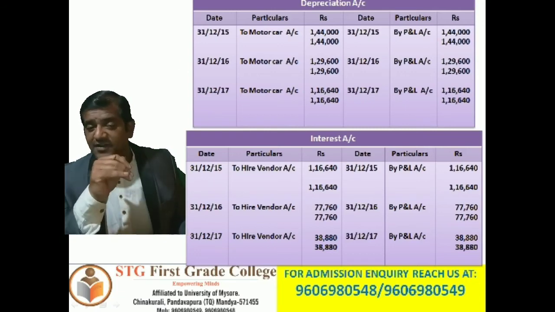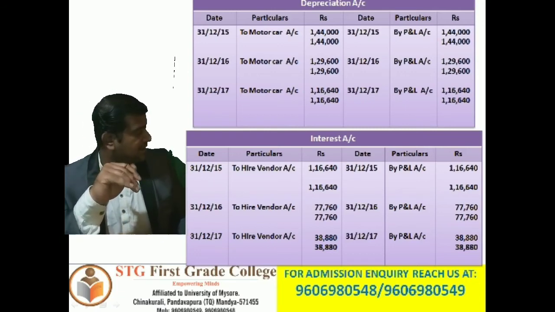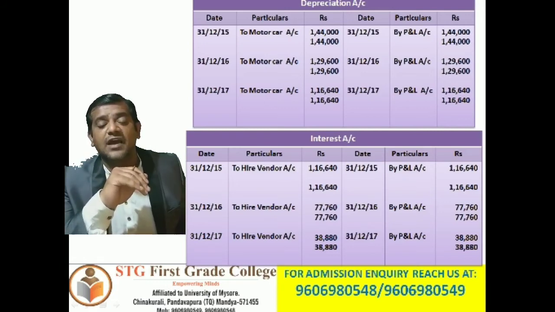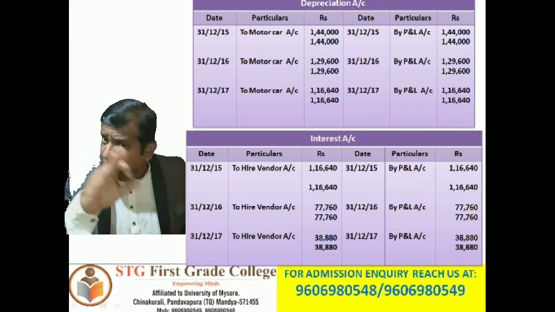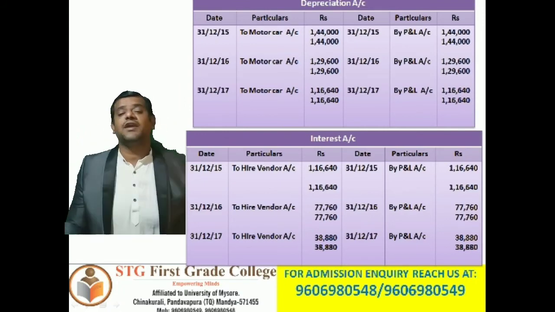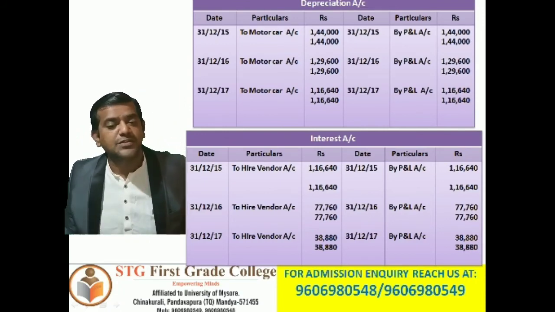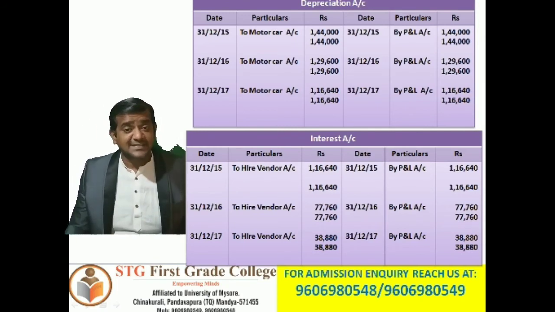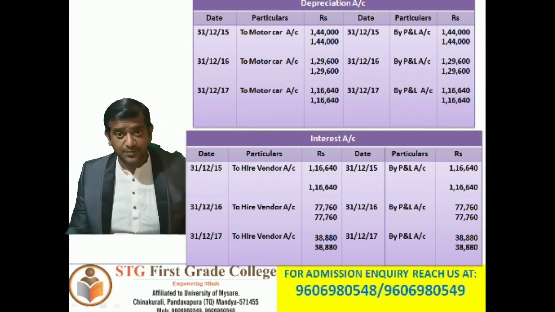So open 31/12/2015, to hire vendor account, first year interest 1,16,640 rupees. So that should be transferred to P&L account. So transfer it on the same day, 31/12/2015 by P&L account, 1,16,640 rupees. Clear?